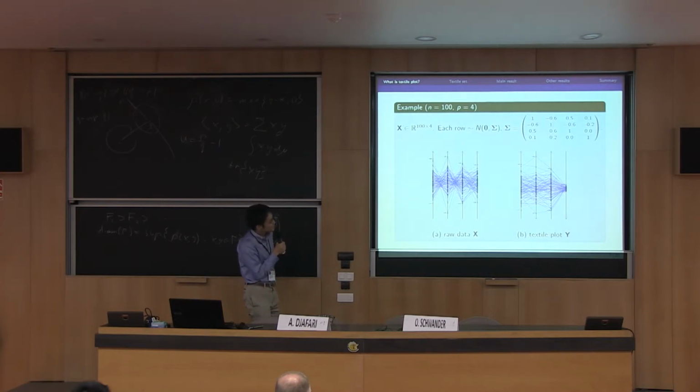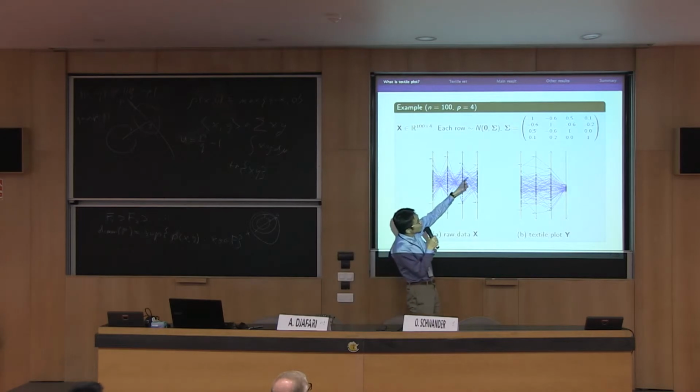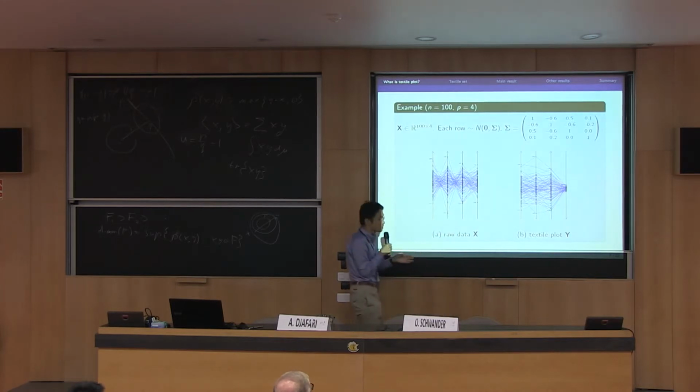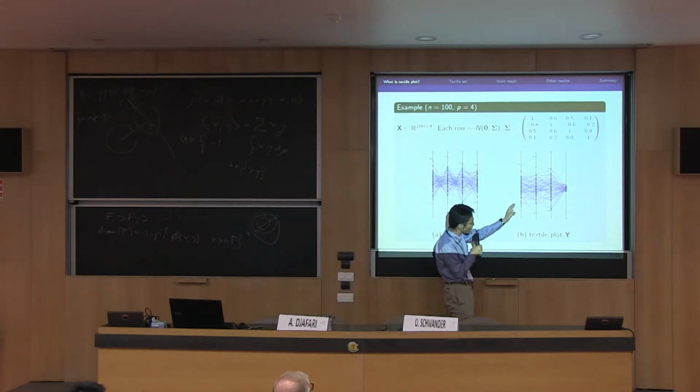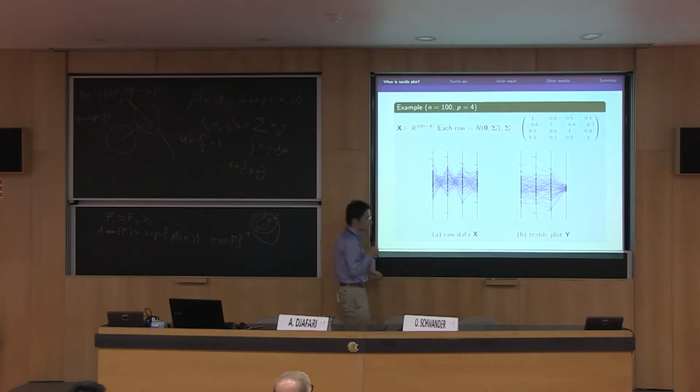And the difference is because the second variate has negative correlation with other variates. So there is some crossing here, but in the right figure, it is more horizontal.